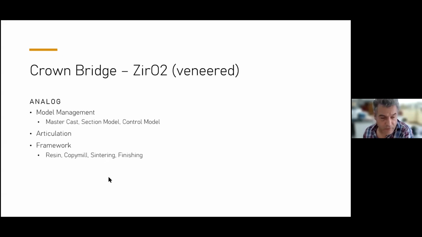I still have one. It's the way I started. But here also you have to model your coping or your crown in a resin. You copy mill it in a zirconia block, sinter, finish. And if you need to veneer it, porcelain on top.